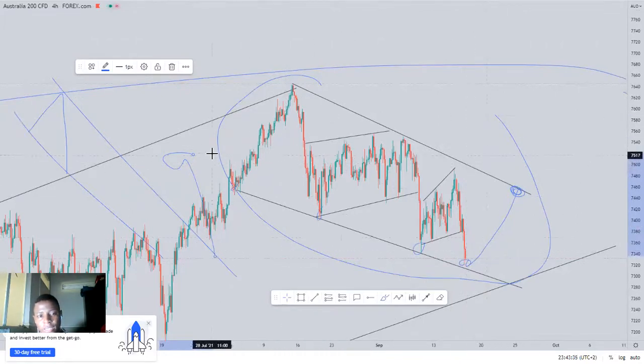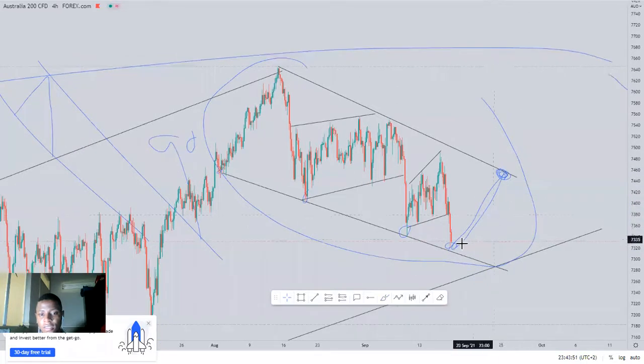We know there's a 90% chance the market will give us a fourth touch. The other 10% doesn't mean that it can't still not give us a fourth touch.